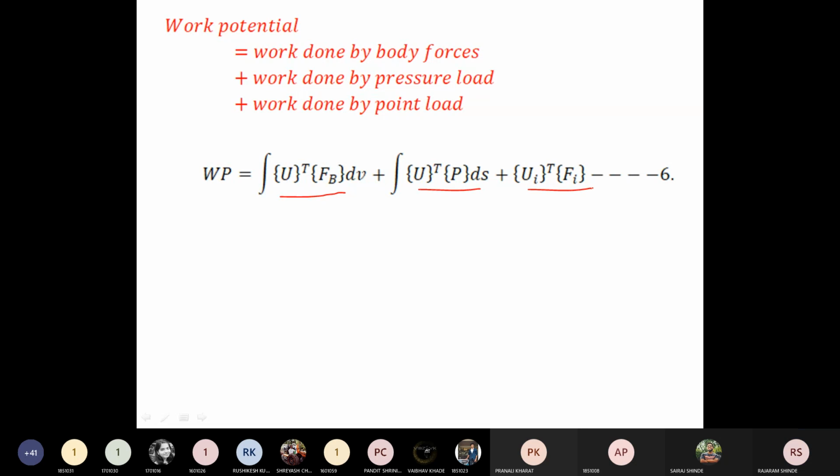Now what I will do, I will replace this u by N into u. Here this is the variable displacement, this is the variable displacement, and this one is the displacement of node.